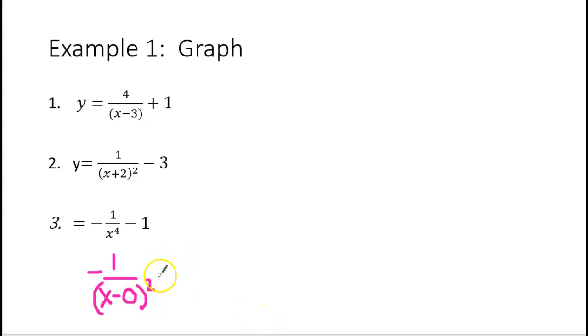That means the h is 0. And the same thing applies if you don't have a number out here. If there's no number out here where the k is located, that would be 0. But that means that my vertical asymptote in this case will be 0. My horizontal asymptote will be 1.